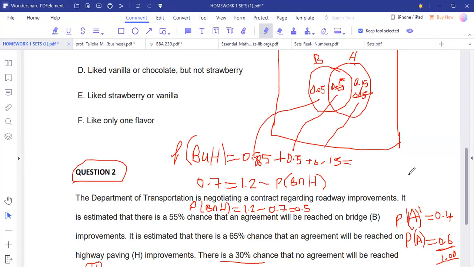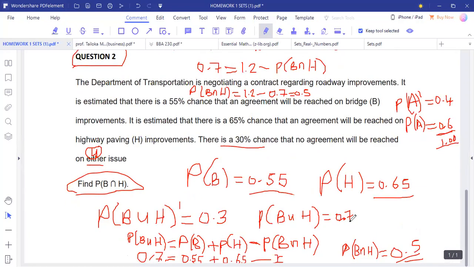What answer are we getting? 1.2. No, add again: sorry, the 0.05, which is this one. You've seen the 0.05 from the Venn diagram. This is the Venn diagram. Then plus the 0.5, then plus the 0.15. What answer are we getting? 0.7. Correct. You've seen this is the 0.7 which I gave you here.